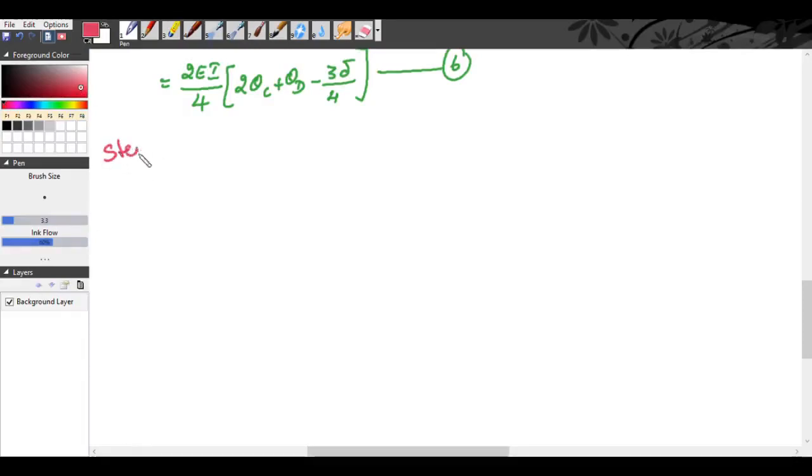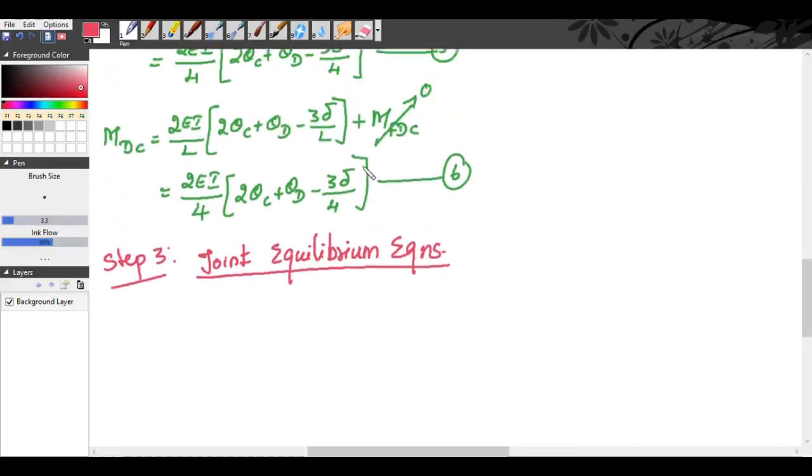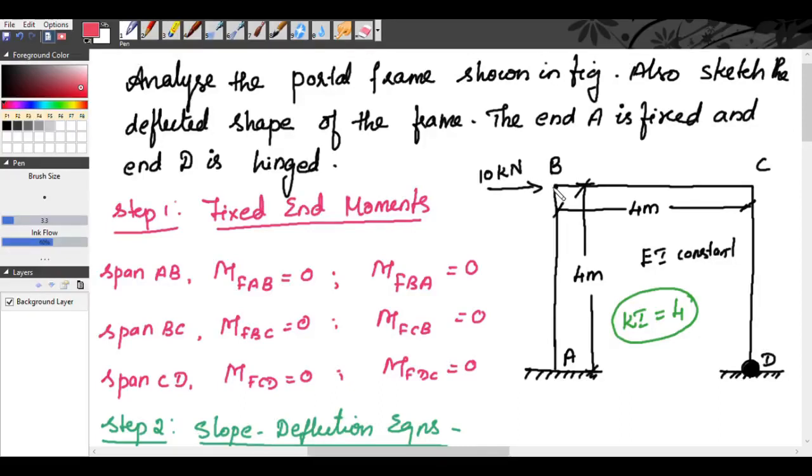See, the summation of moments at B will be equal to 0.